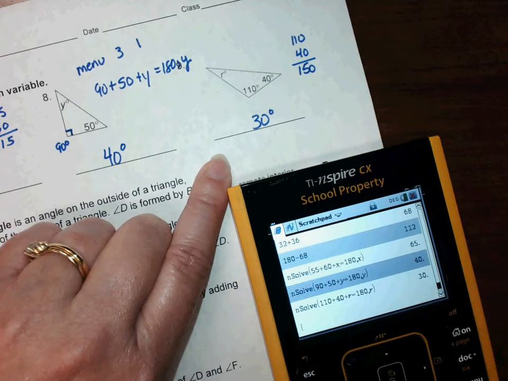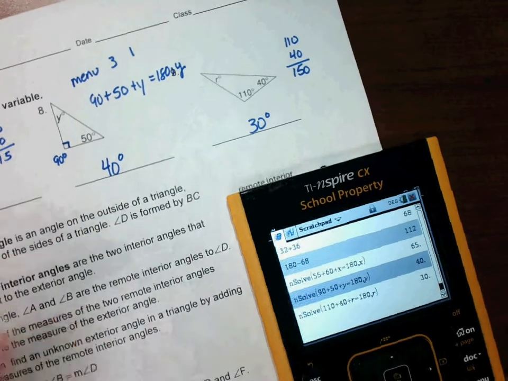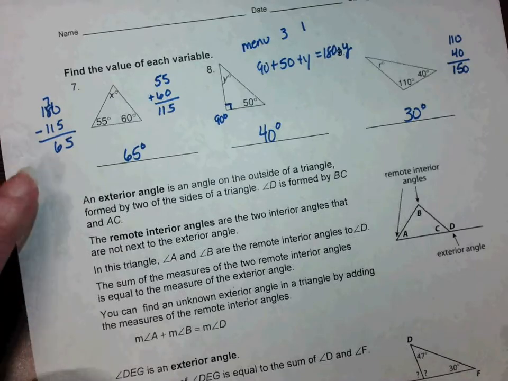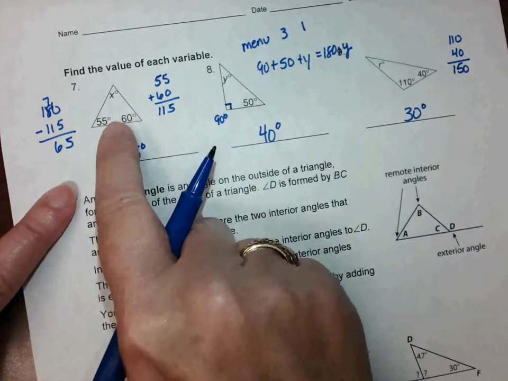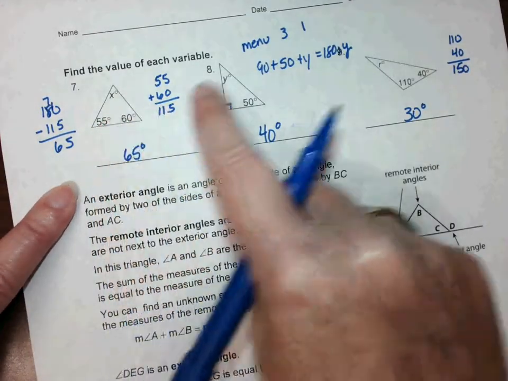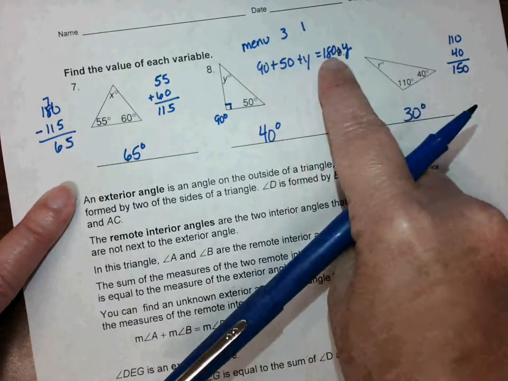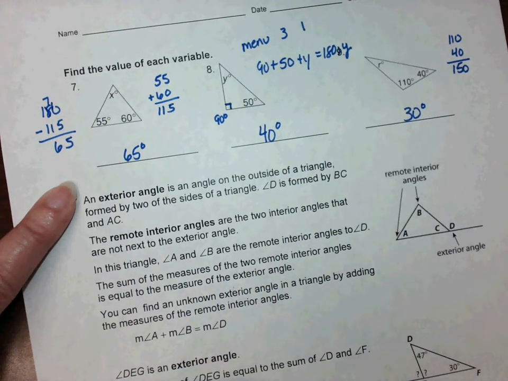And that gives me 30. Either way, on something as simple as this, you can do what we were doing on the first page and add them up and then subtract, or you could inSolve like this.